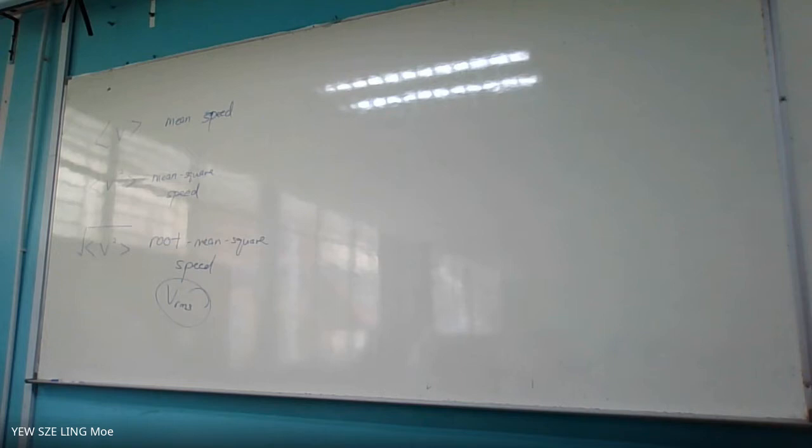Second, all atoms and molecules move randomly. They move randomly means that they have no fixed direction, so you cannot predict where they are going to move. Third, the volumes of these atoms and molecules are negligible when compared to the volume of the container, the volume occupied by the gas. For example, this classroom is that big.